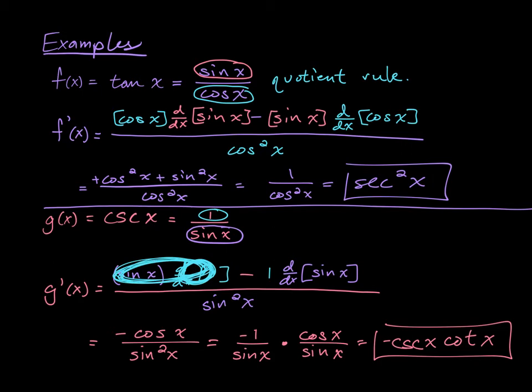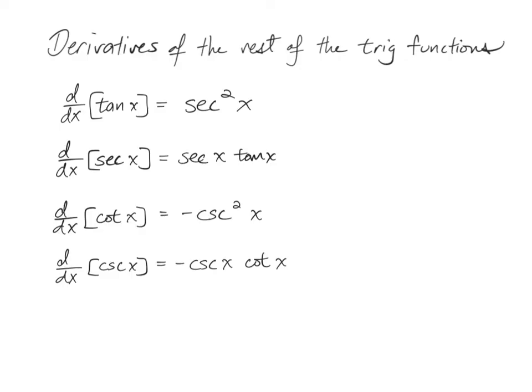And the rest of the trig rules follow on the next page. Here are the rest of the trig functions. You knew sine and cosine coming into this lesson. In this lesson here, you can see that we take the rest of the trig functions: tangent, secant, cotangent, cosecant.